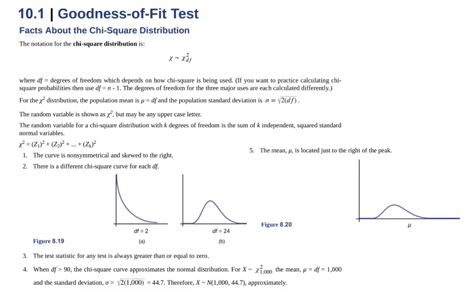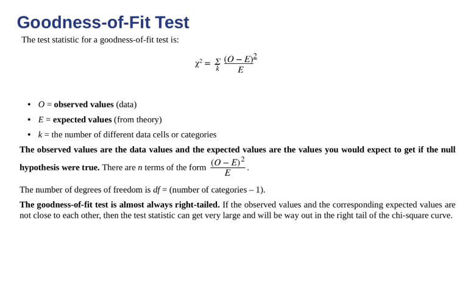And our distribution here, we write our subscript of our degrees of freedom. Specifically, for the goodness of fit, to get our test statistic is a summation of the square of the difference of observed minus expected divided by the expected value here.